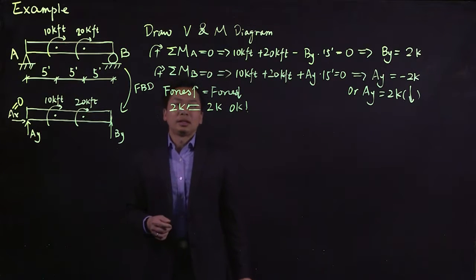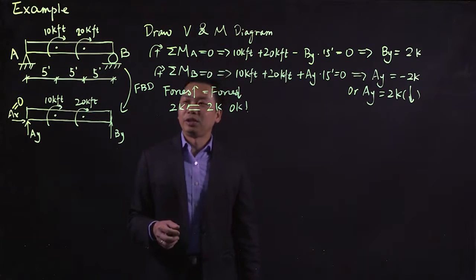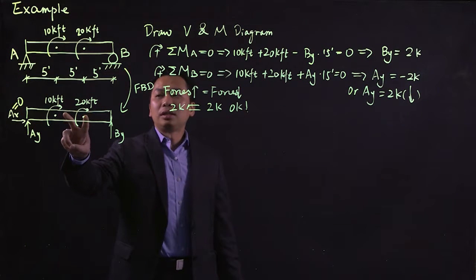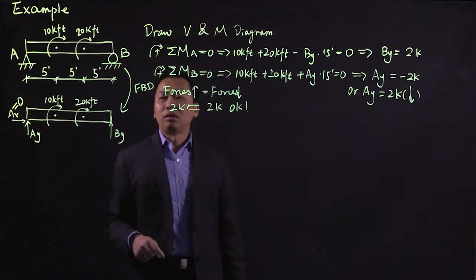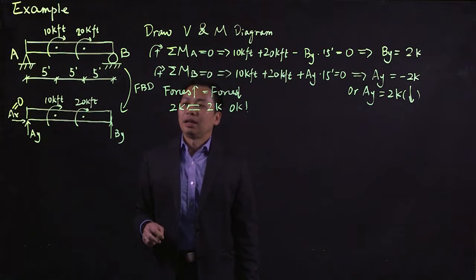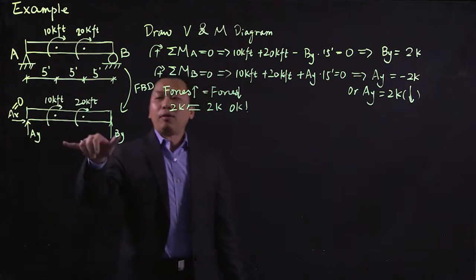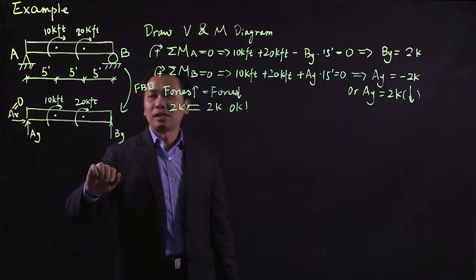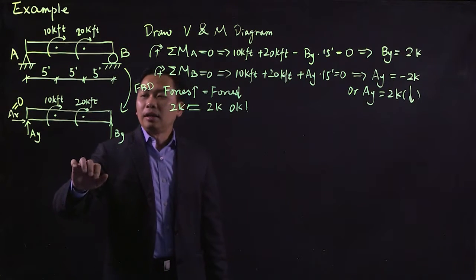Another way to do it, as we mentioned in the previous video, is that we have two concentrated moments, and if you add those up, it's going to be equal to 30 kip feet. The forces AY and BY need to create a force couple to resist that external moment.